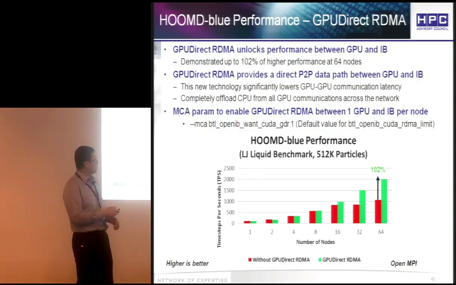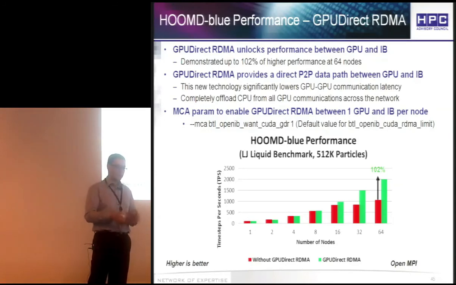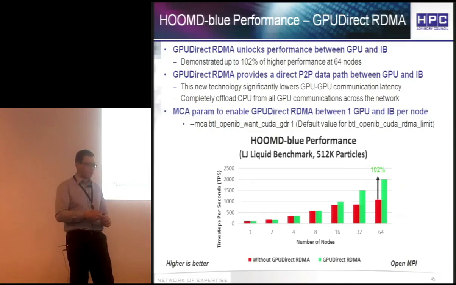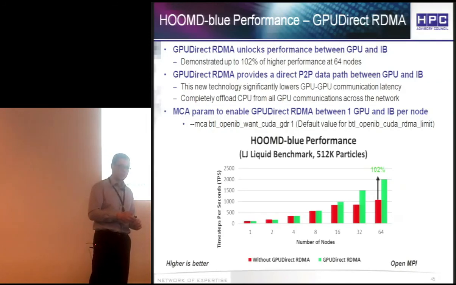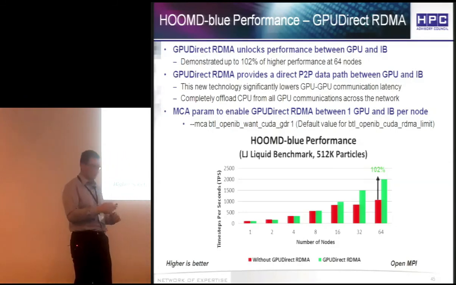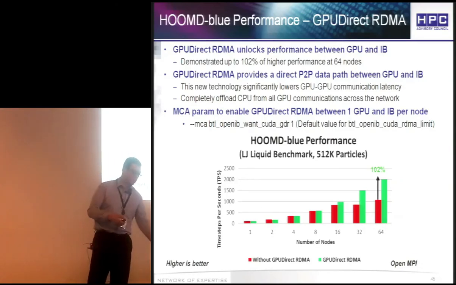So this is the performance I see for using GPUDirect RDMA. What we can find out is that it allows better scalability and performance improvement. You can see about double the performance compared to not using GPUDirect RDMA for the big particle size simulation that we do for the 512K particles.